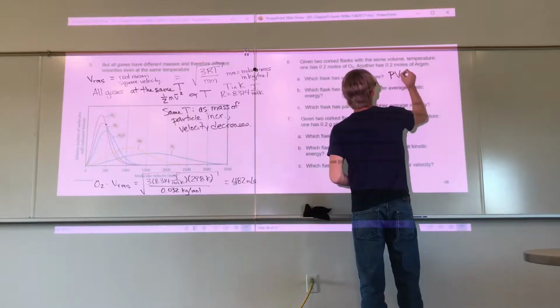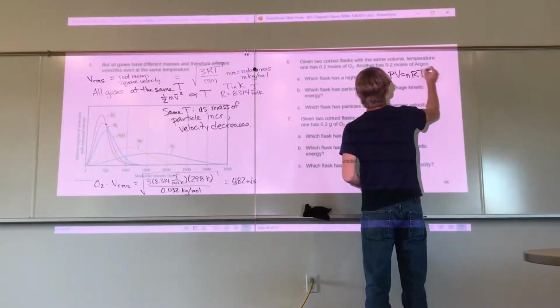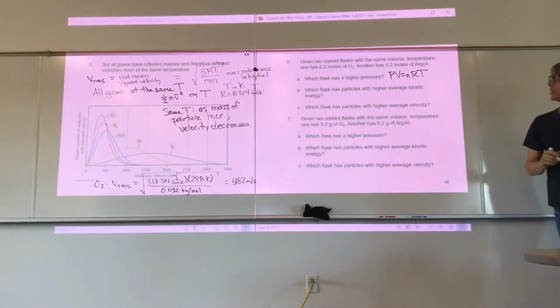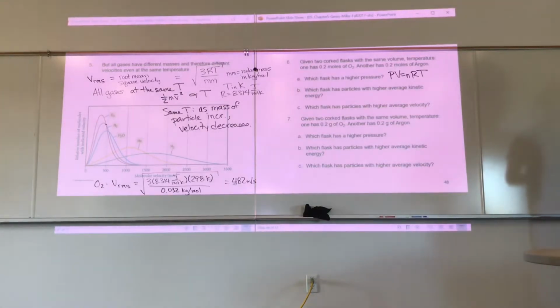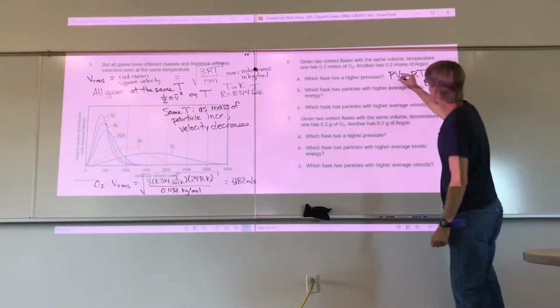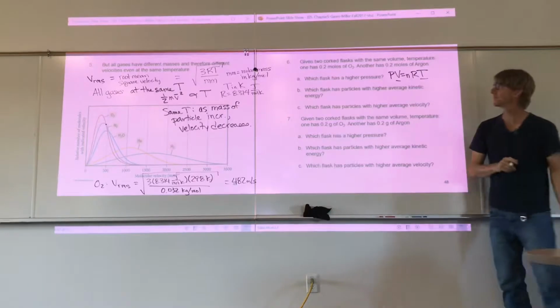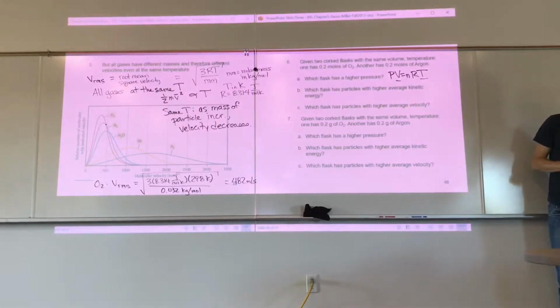We know volume and temperature are constant. Moles are the same. What can we say about their pressures? The pressures are the same.